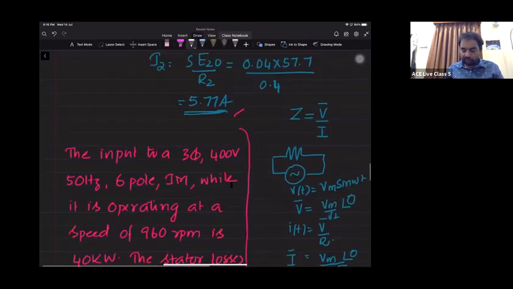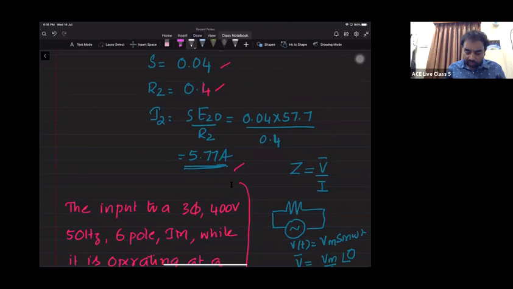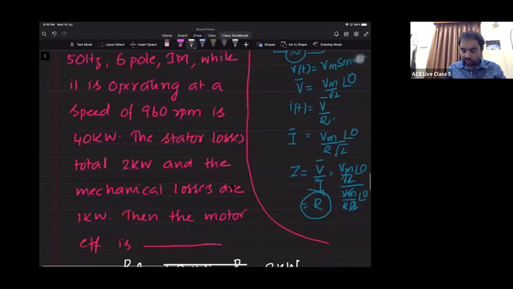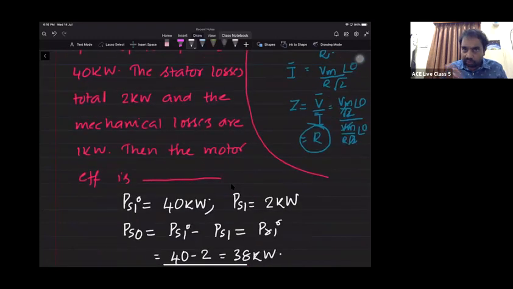Yes, you can use it. He means to use I2 equal to S E2 naught by R2 to calculate R2, but you cannot take E2 equal to 57.7 here, as that is for the other question. In this question E2 naught is not given, so you have to follow this procedure. If E2 naught is given, you can use that procedure. Anonymous attendee, is it clear?